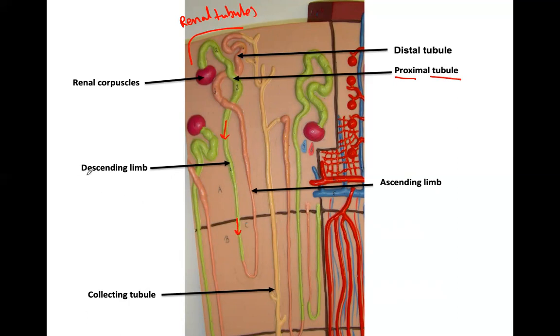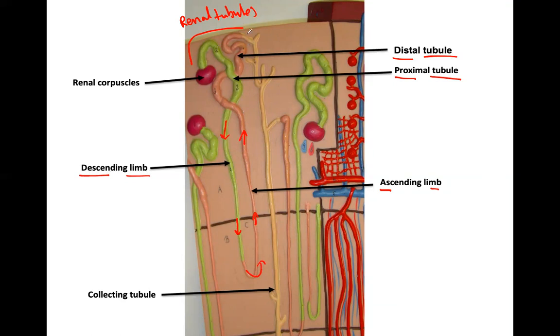This is referred to as the descending limb. And then as it loops at the bottom, the fluid starts to come up, so this forms the ascending limb. At the end of the ascending limb, you have this coiled tube, which is referred to as the distal tubule, kind of the opposite of proximal, right?